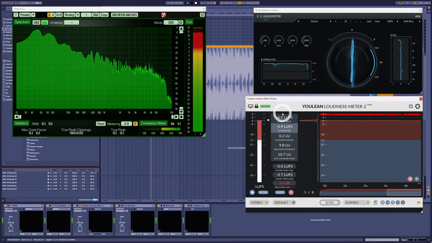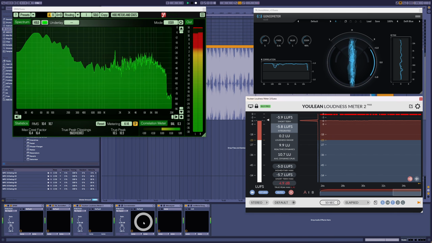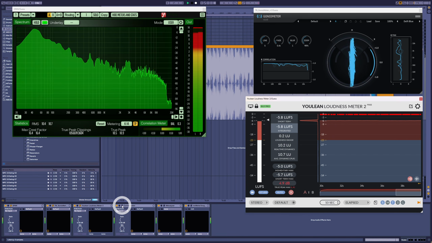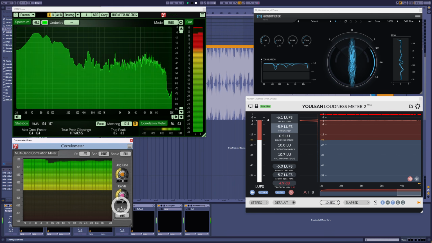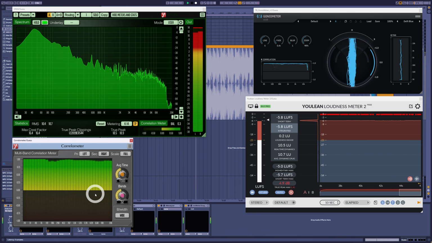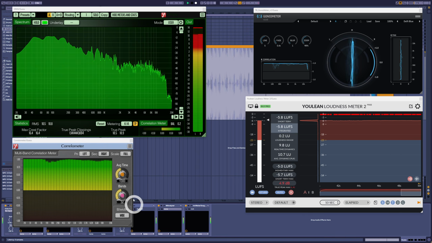LUFS measurement, -6, very loud. I already told you it was a modern track. No? Still no idea? Let me give you another clue. That one's showing width versus frequency. So we can see it's quite mono.